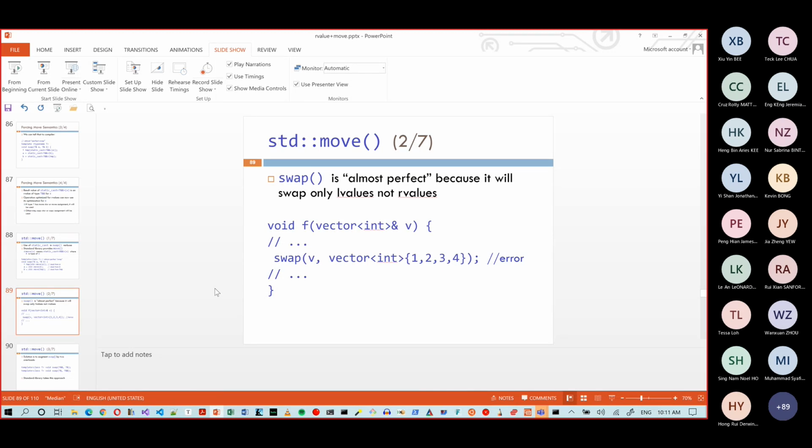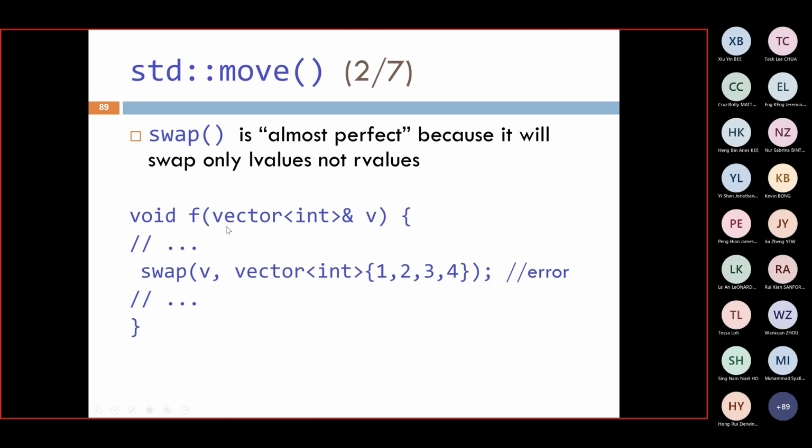But they wanted things like this to use move semantics too. And the compiler is going to flag this as an error because the right hand argument is an R value. Does everybody understand that, guys? Because it's a temporary, right? It is a temporary object that has no name. And so it's only visible in the scope. And the swap, unfortunately, says, no, I want a reference to a name.